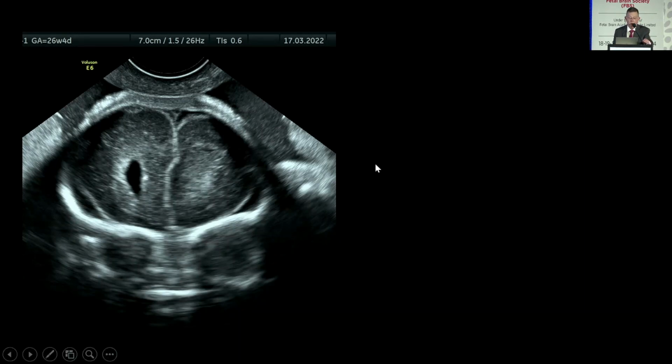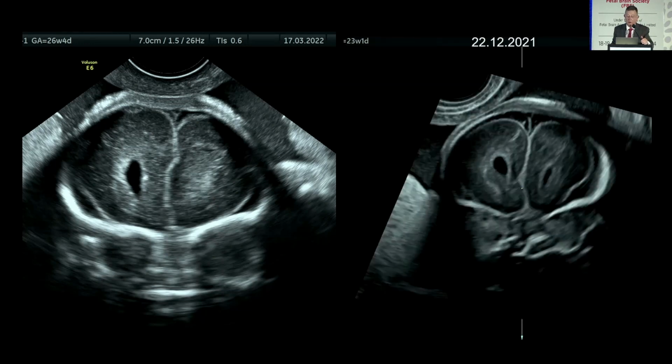What you should look for first of all is that the interhemispheric fissure is not straight. There is a pattern where one hemisphere is going into the other, so the interhemispheric line is not straight.